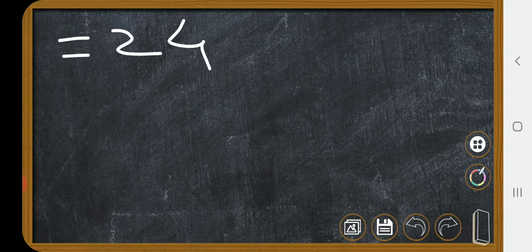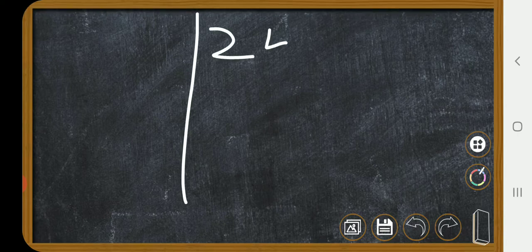Now we have been asked to find the prime factors of the given number. So you write the number in this form, 24.